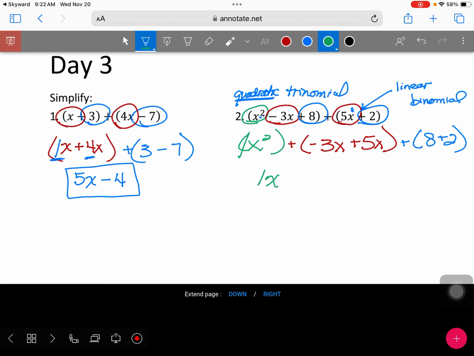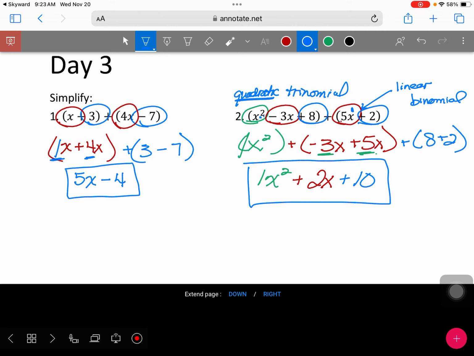That is 1x squared. -3x plus 5x, you only look at the coefficients. So -3 plus 5 is going to be 2x. And 8 plus 2 at the end makes 10. You check, make sure, yep, I only have 1x squared, I have 1x, and here I have 1 constant. So you don't have any bases that are repeated. This is your final answer. Any questions about that?